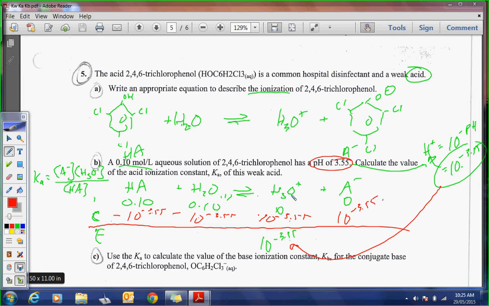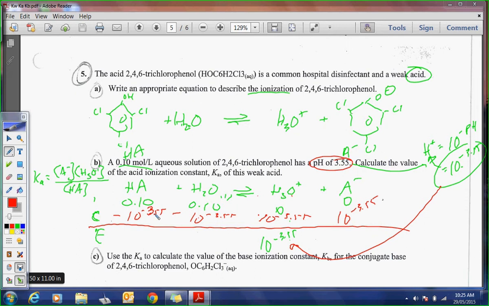And then this is 0.1 minus 10 to the power of negative 3.55. Can somebody do that for me on a calculator? The 10 to the power of negative 3.55 is 2.81 times 10 to the negative 4.